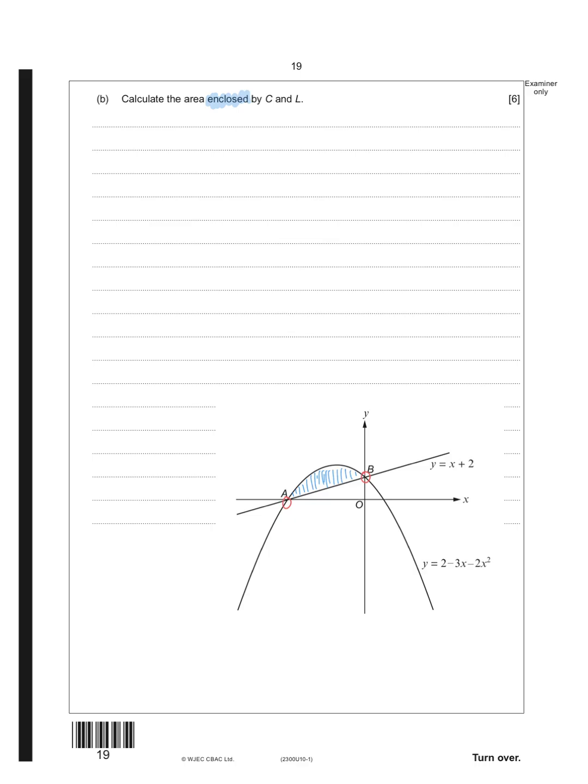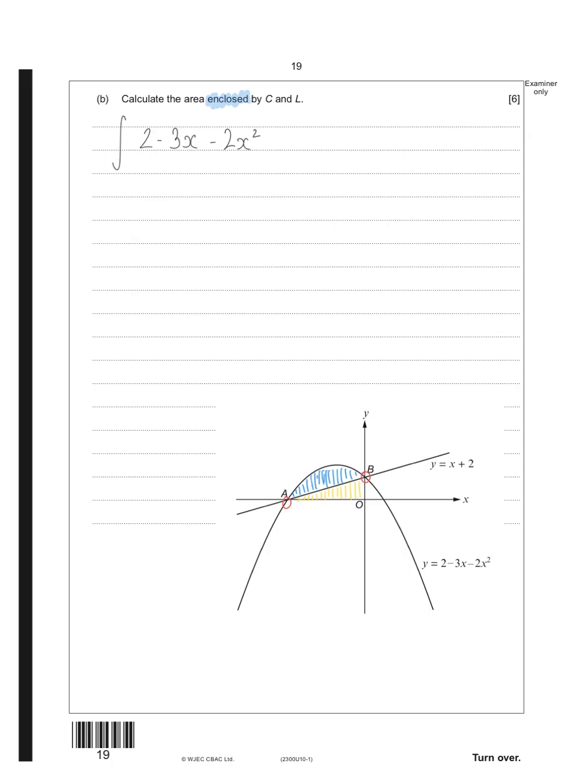Now, I've always done this purely by integration. Some of you may decide that you would like to do it as a triangle, using that gold triangle there. I'm not going to do that. I'm going to do it using just a straightforward integration. So I'm going to find the area under the curve, 2 minus 3x minus 2x squared.